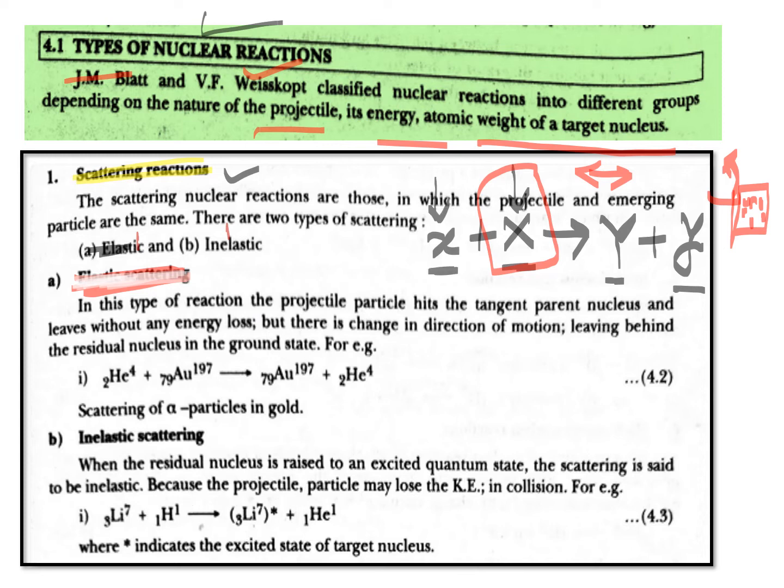The representation is very important. Small x is the projectile, capital X is the target, capital Y is the product, and small y is the product particle. How is the interaction? If there is no exchange of energy, it is elastic scattering. If there is an interaction with exchange of energy, it is inelastic scattering. Okay, next.